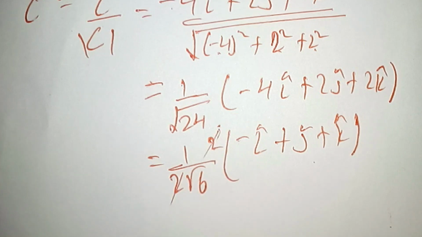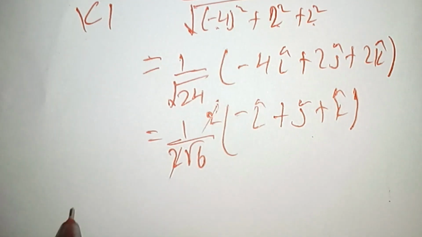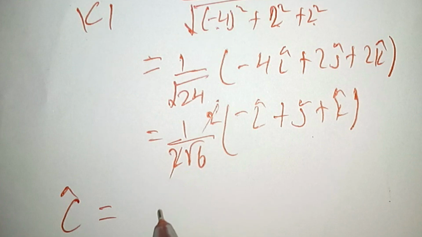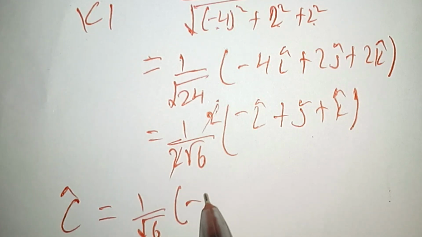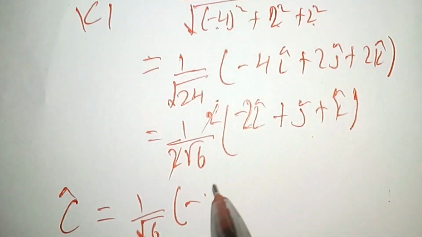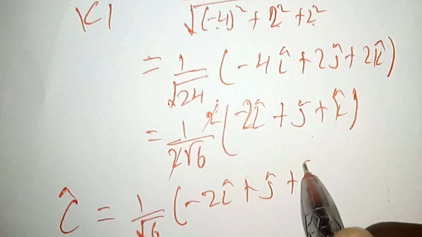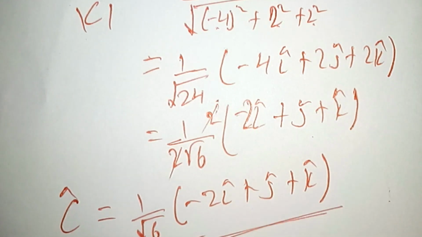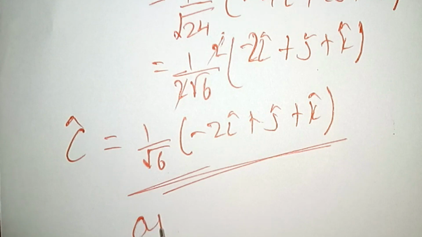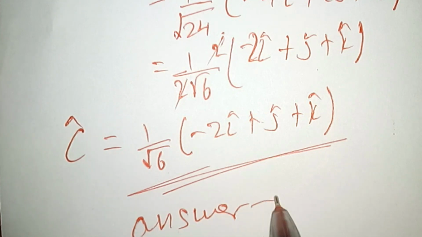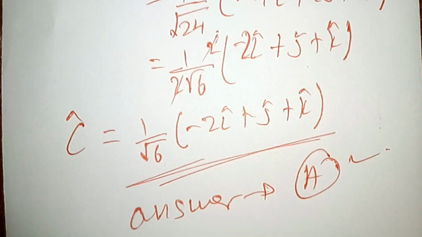So these 2 cancel, and the unit vector C, the final answer, is equal to 1 over radical 6 into minus 2i plus j plus k. So the answer, alternative A, is the correct answer.